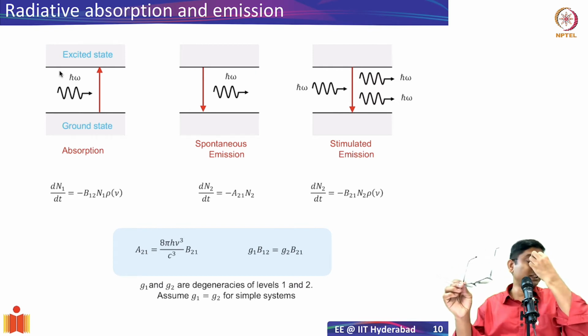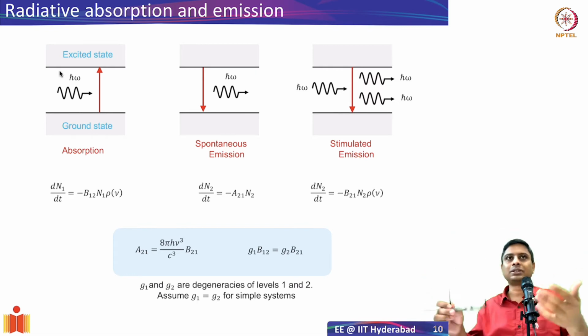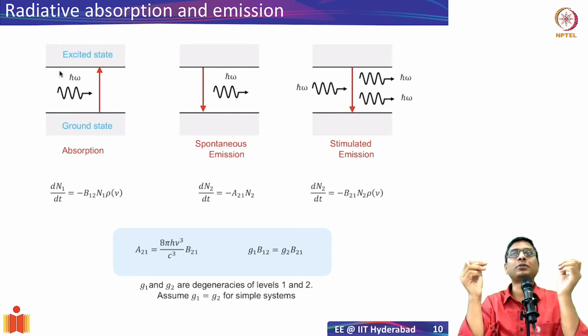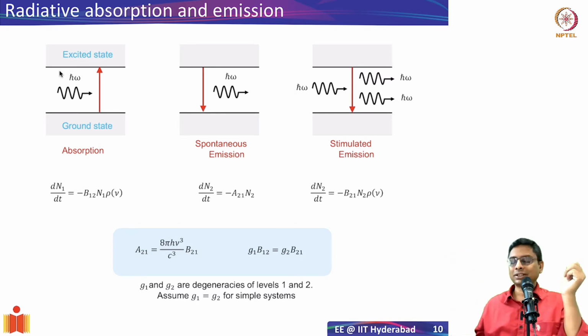So you make dN by dt equal to 0, and then you look at the relations between the various processes, and the spectral density has to be in the form of Planck's distribution. If you apply that, you will see that the coefficients are related to each other. So for example, here the spontaneous emission coefficient A21 is going to be related to B21 using a factor here, and then the absorption and the stimulated emission parameters are equal to each other.